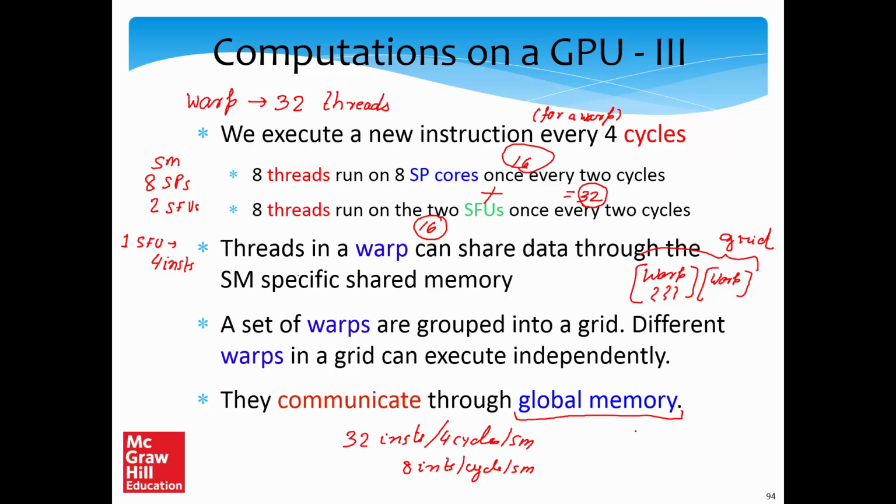If we have 8 TPCs and each TPC has 2 SMs, that is 16 SMs. So in a GPU, even a slightly old one, in this case NVIDIA Tesla, it can execute 8 times 16, or 128 instructions in parallel, at the max in a given cycle, which is fantastic.